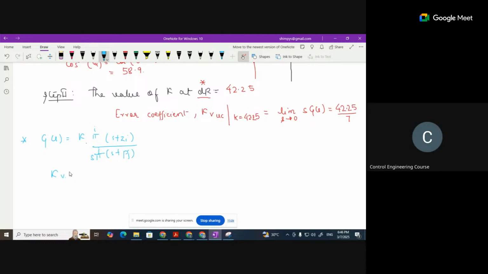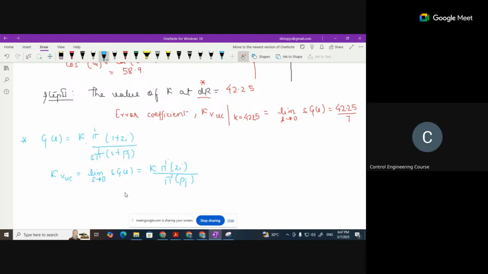Kv, the velocity error constant, of course, is equal to limit s tends to 0 of s G(s) equals K, I can write it like this, right? The s and s get cancelled, I'm left with this.